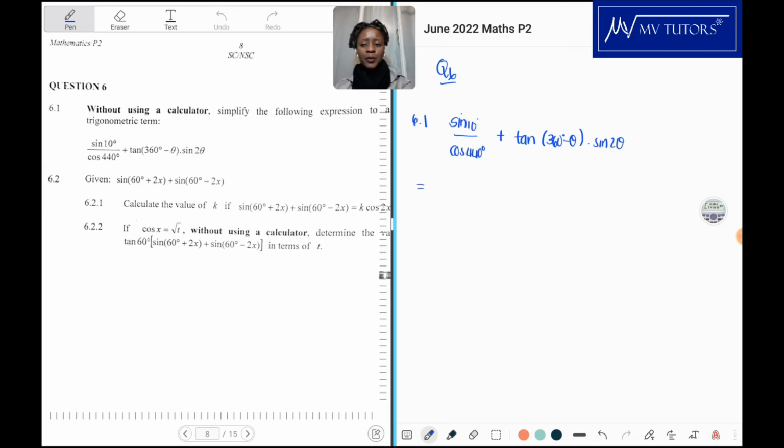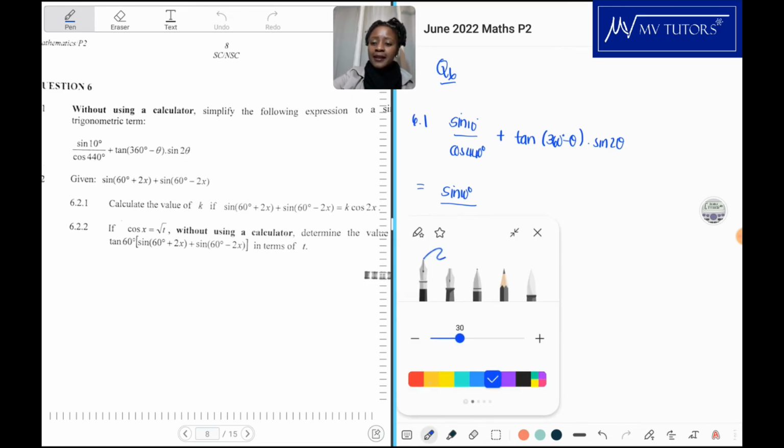So let's see, what can we do? Sine 10, well, it's already in its acute angle form, so I'm not going to do anything to it. It's not a special angle either. Then we get to cos 440, and you're like, what the hell? Well, do not panic.